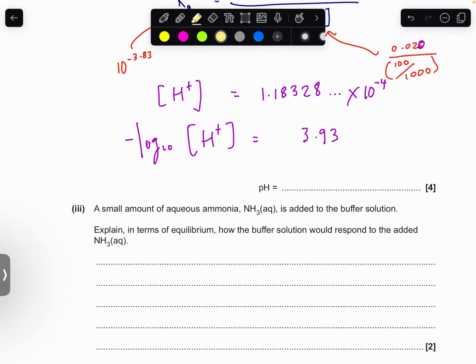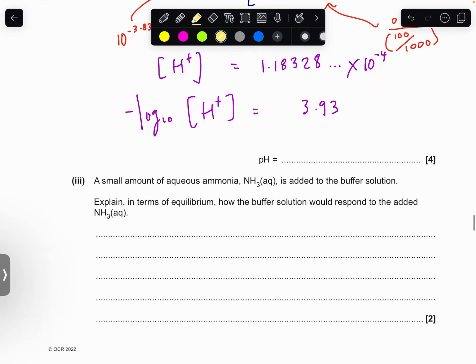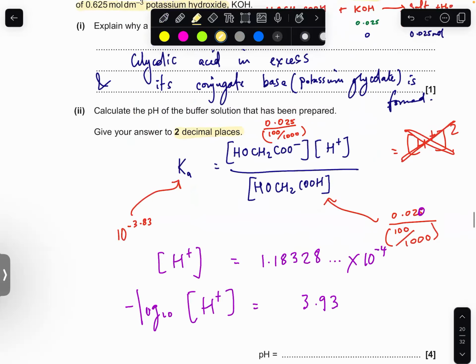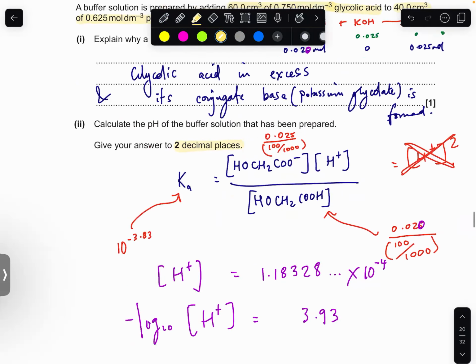Looking at the last part of the question, a small amount of aqueous ammonia is added to the buffer solution. Explain in terms of equilibrium how the buffer solution would respond. Now, you see you've got glycolic acid.